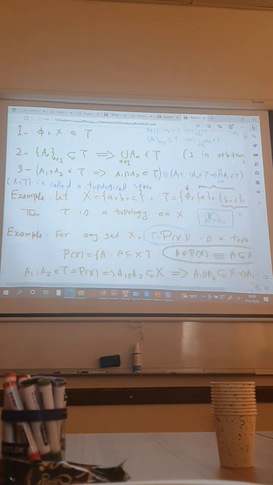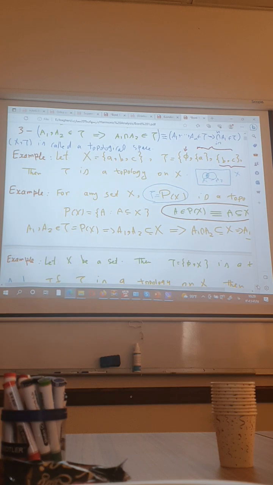And also we have, for any set X, P of X itself is a topology. If we consider tau equal to the whole of P of X, okay? This is a topology.